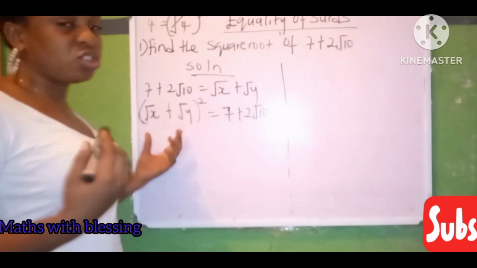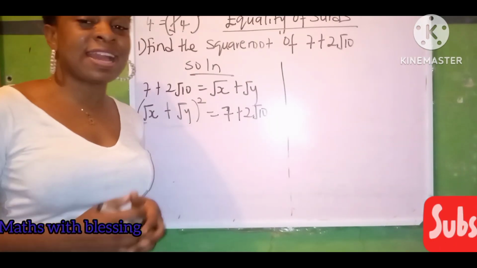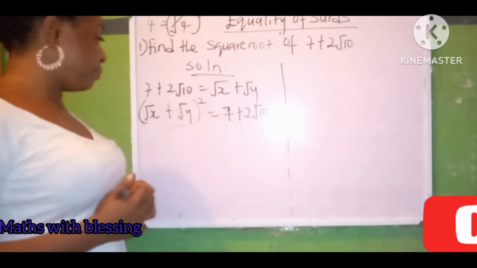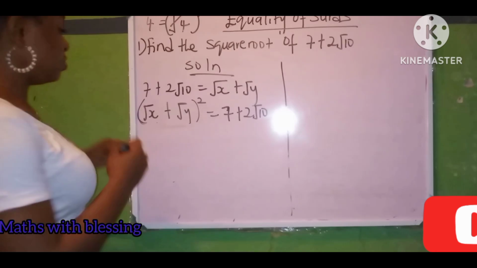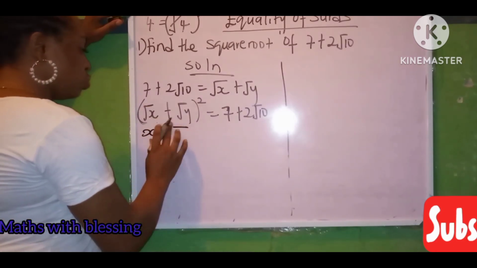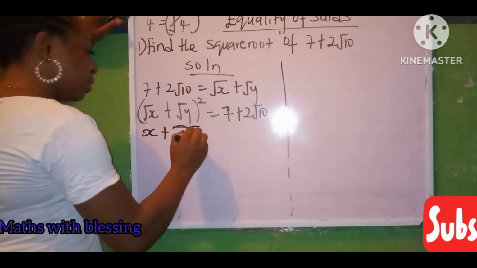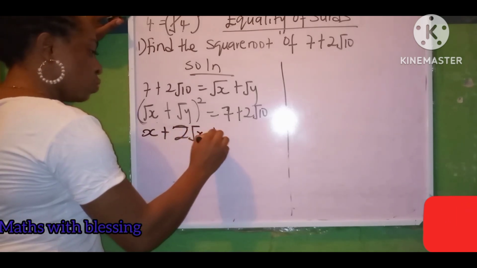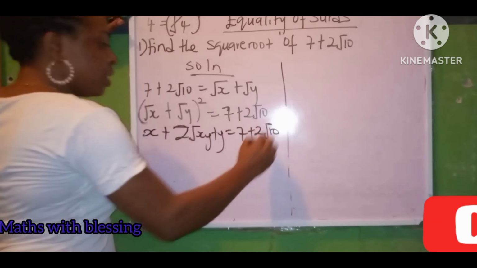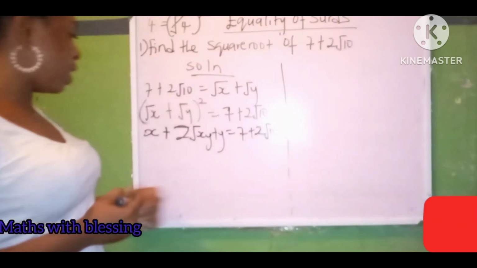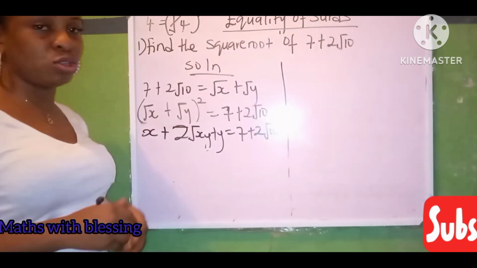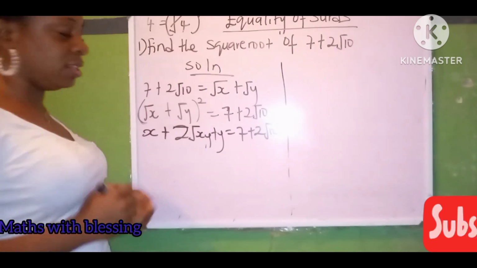Now from the algebraic identity, the square of a sum, you can deduce that this is equal to x plus 2 root xy plus y equal to 7 plus 2 root 10. If you are confused on how I got this, you can expand this algebraic expression and you will definitely arrive at this answer.